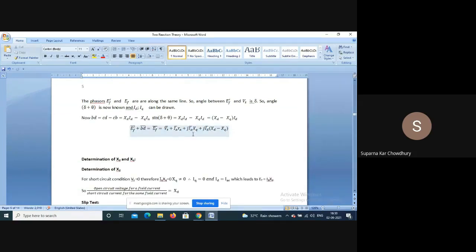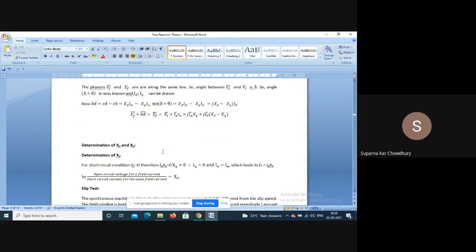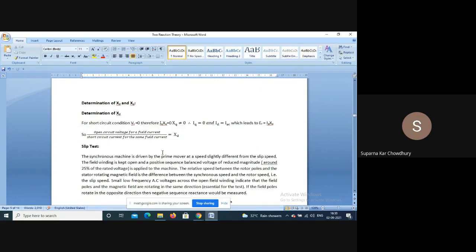Now what is important is how we can determine Xd and Xq. Now, Ra can be measured by the DC voltmeter ammeter method, as we measure armature resistance of any machine, DC machine or cylindrical rotor machine. But Xd and Xq we have to measure.